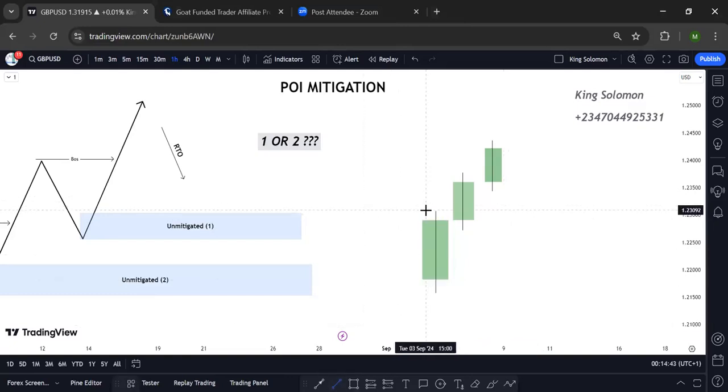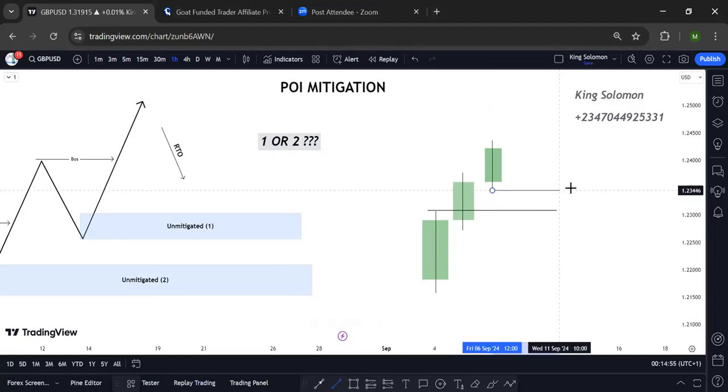I want to mark out this high with a horizontal line, and then I want to mark out a horizontal line at the bottom of the third candlestick as well, like this. The high of this first candlestick and the low of this third candlestick. If there is a gap there, that's the fair value gap.